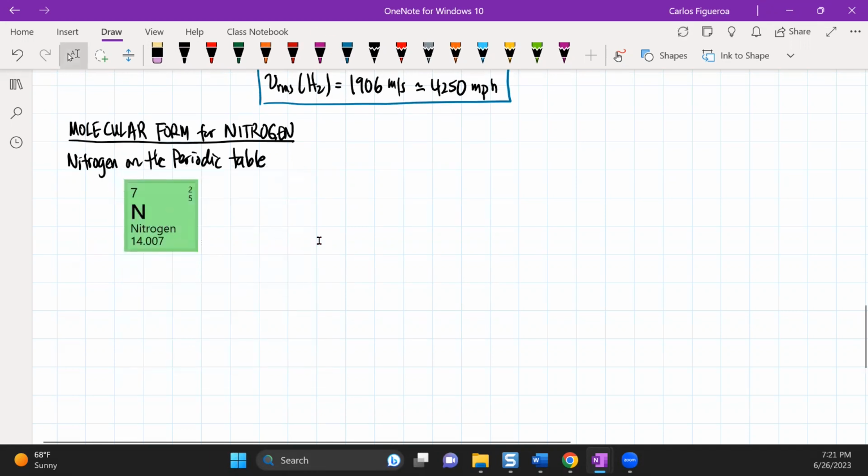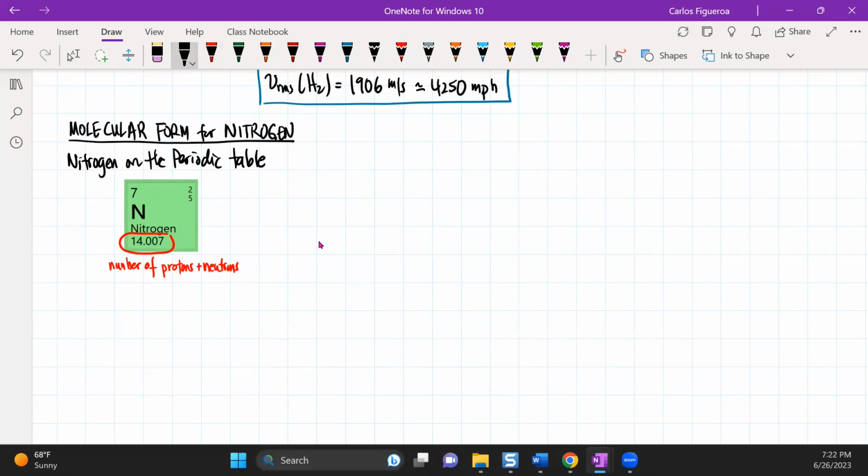Now, if you look at the atomic mass, which is this guy, this is the number of nucleons, which means it's the number of protons plus neutrons. So there's 14 protons and neutrons inside that nucleus.